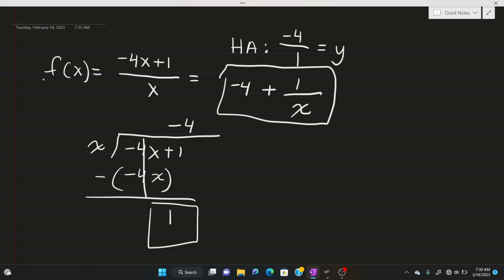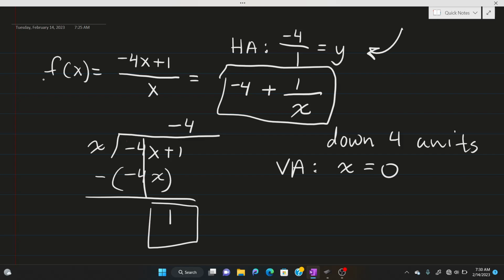So I see that yes, I'm gonna have a vertical asymptote still at x equals 0, which we should have known. And this negative 4 is gonna shift this graph down 4 units. Which makes sense because that is exactly where I was expecting my horizontal asymptote to show up.